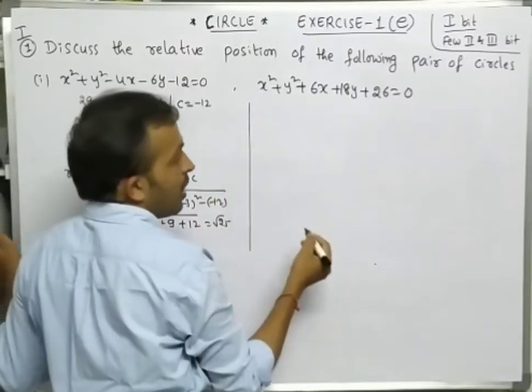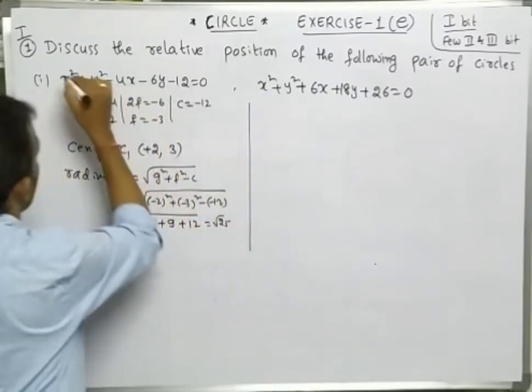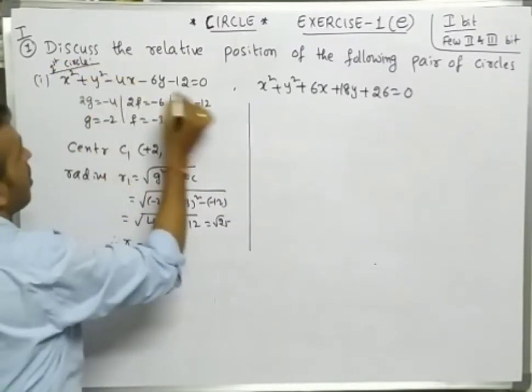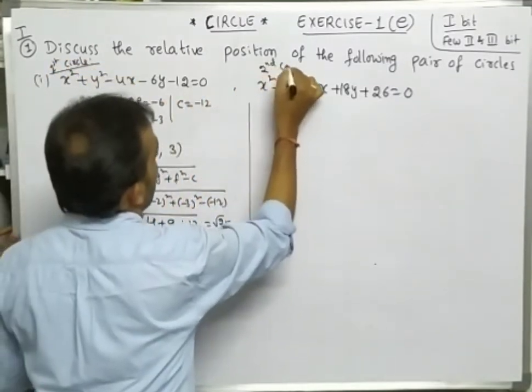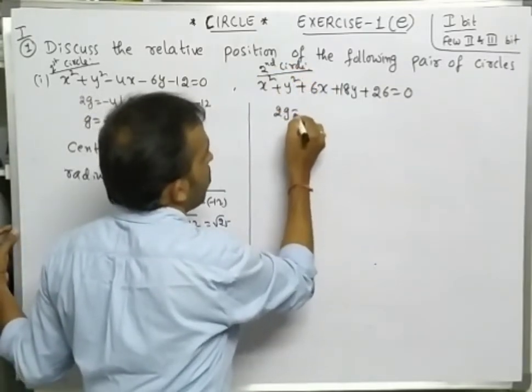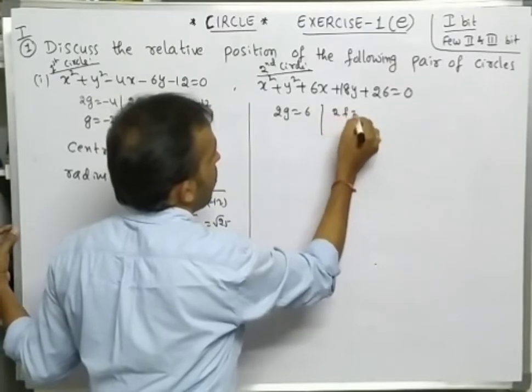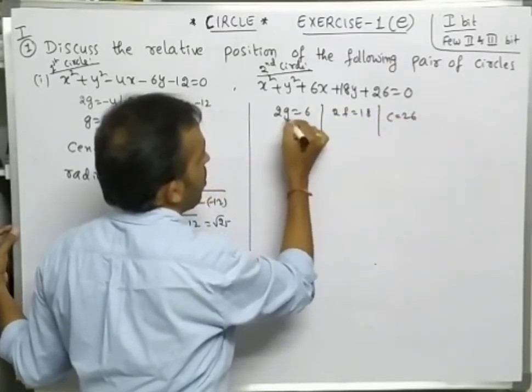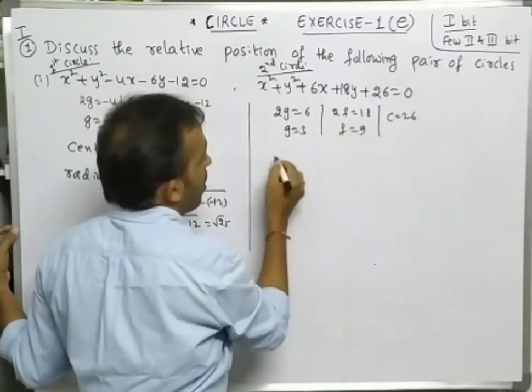This is the first circle, and this is the second circle. Again compare. Here 2g is equal to 6, 2f is equal to 18, c is equal to 26, so g is 3, f is 9.